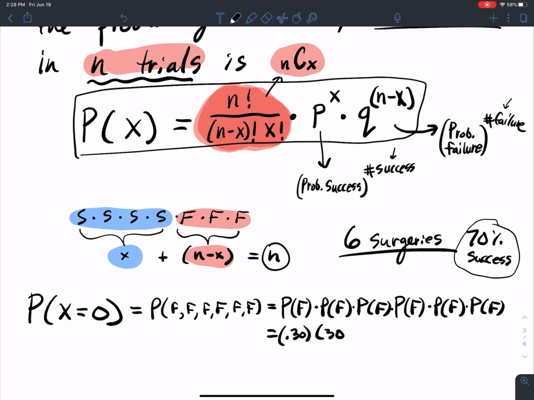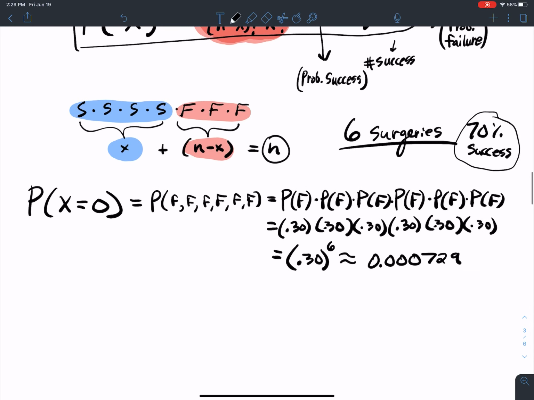So I'm going to write out 30% 6 times. There is a better way to do this, and that's to write 0.3 raised to the 6th power, because I have it written 6 times. And if you do that, you're going to get 0.000729.